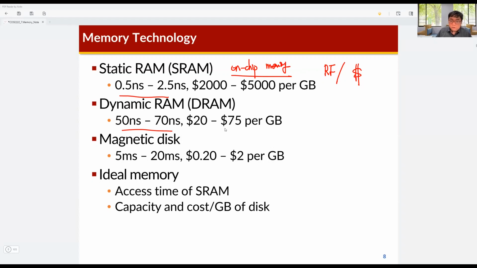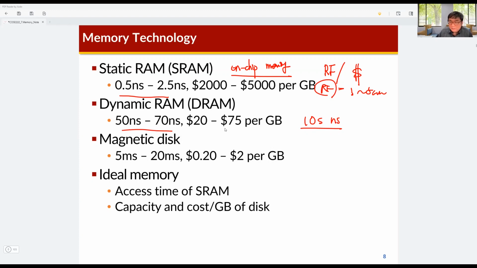DRAM latency is tens of nanoseconds, but SRAM is very fast because the register file is accessed by 3 to 5 gigahertz clock signals. But compared to other storage memory, DRAM is also very fast.